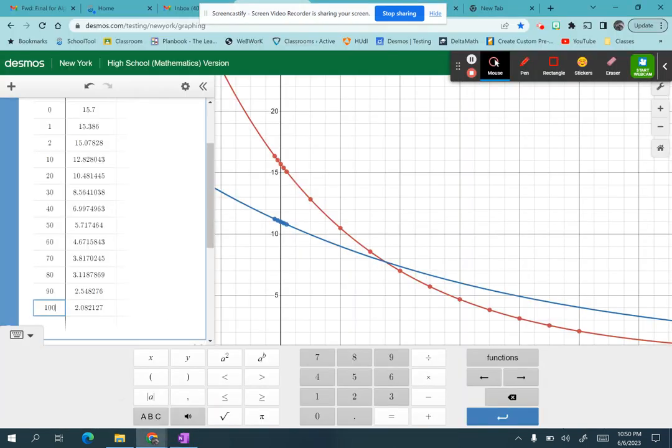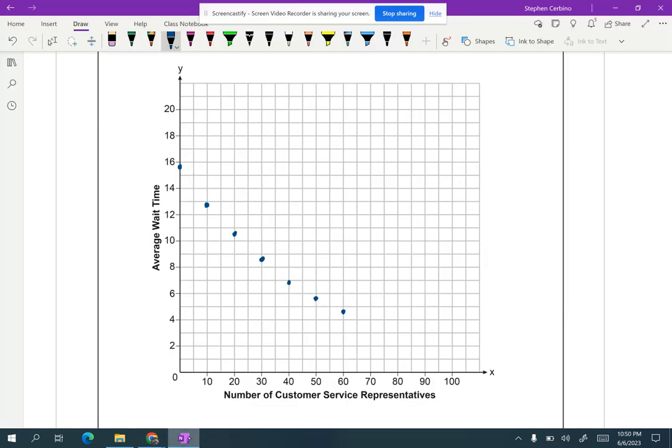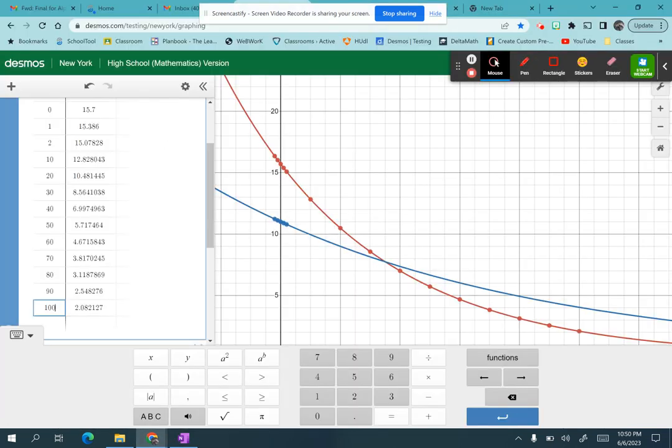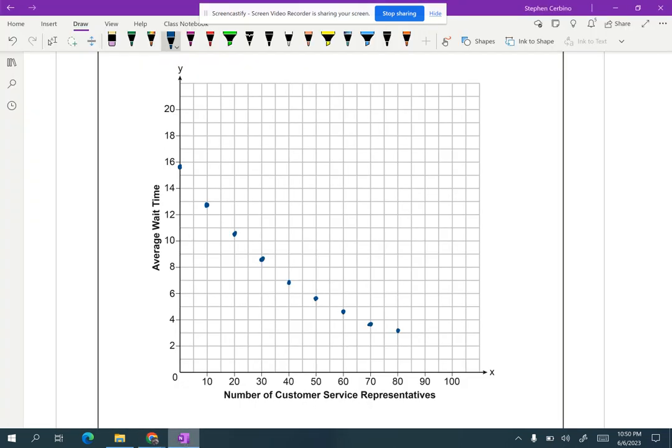And you can see it is somewhat exponential decay. 70 is at 3.8. 80 was a little bit more than 3. 90 is at 2.5, and 100 is a little bit more than 2.